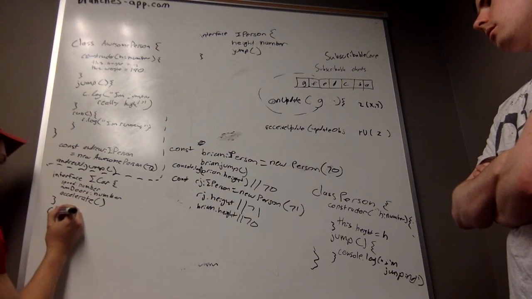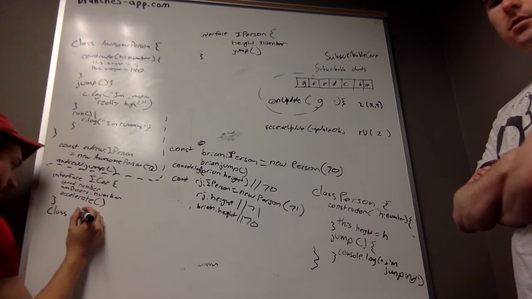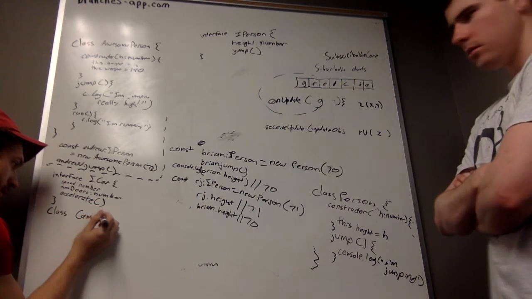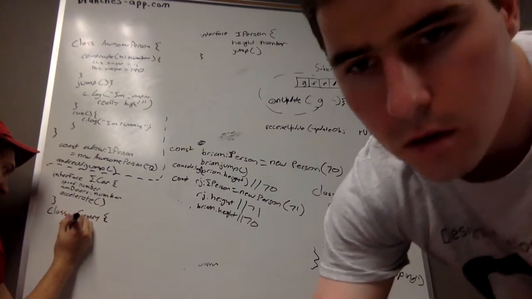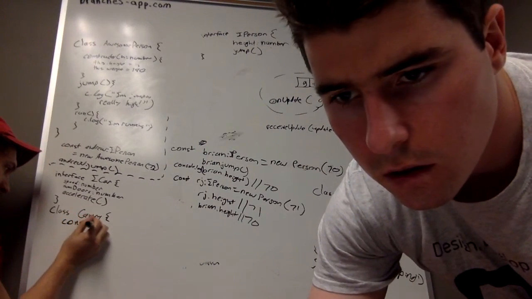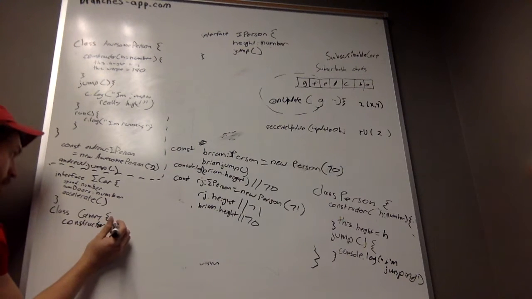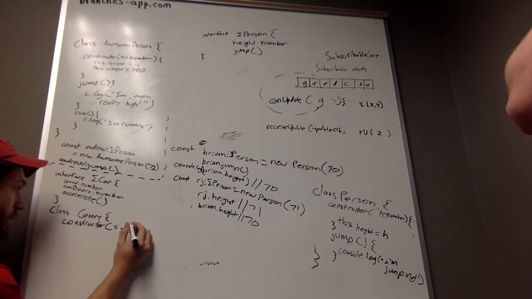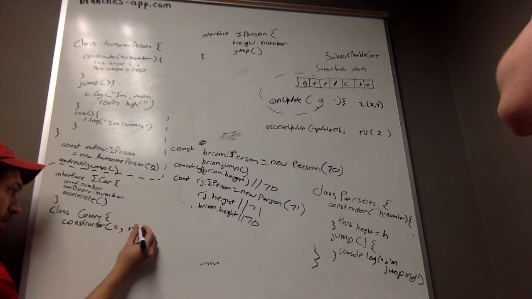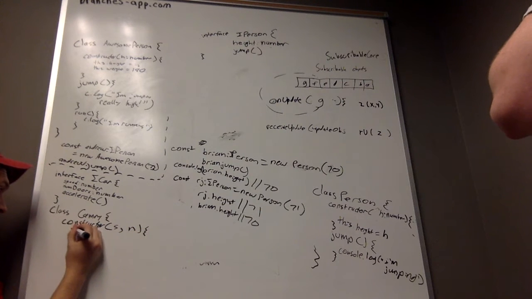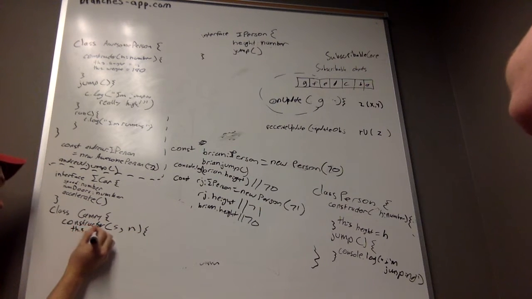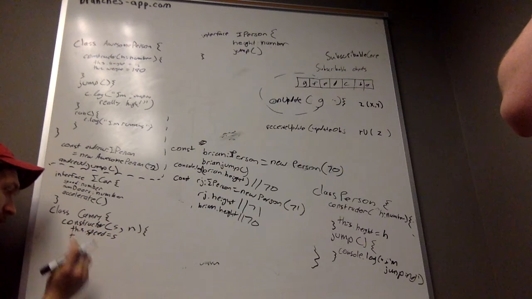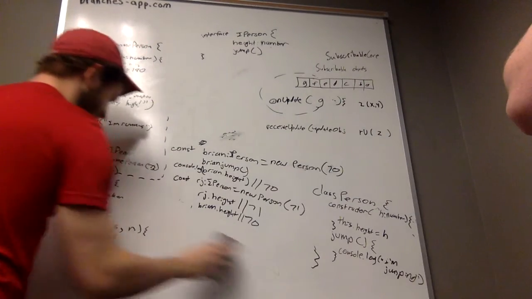So we can define a class called Camry. Toyota Camry. Constructor. So we're going to say this.speed is equal to S. And actually, our constructor is only going to accept one argument.